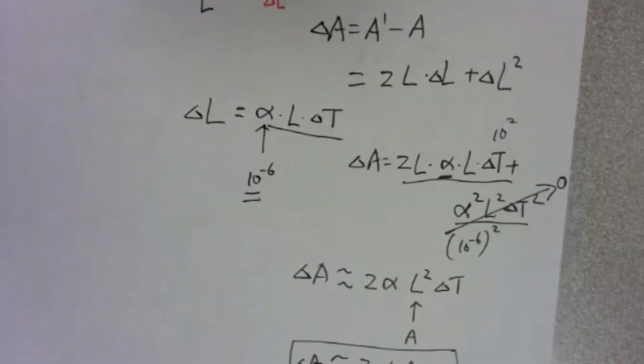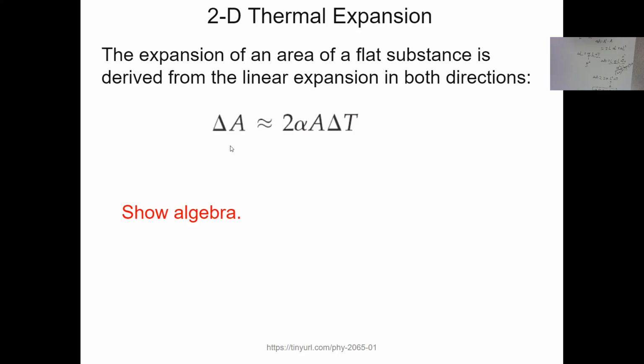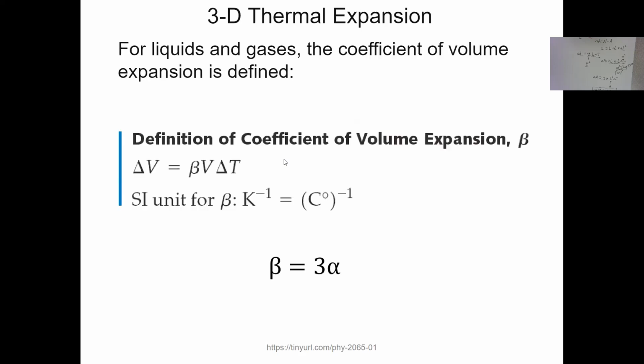So let's go back to the slide. All right. So we have shown that delta A is approximately twice alpha times A times delta T. So this is for two-dimensional expansion. Now the same will happen to three-dimensional expansion.